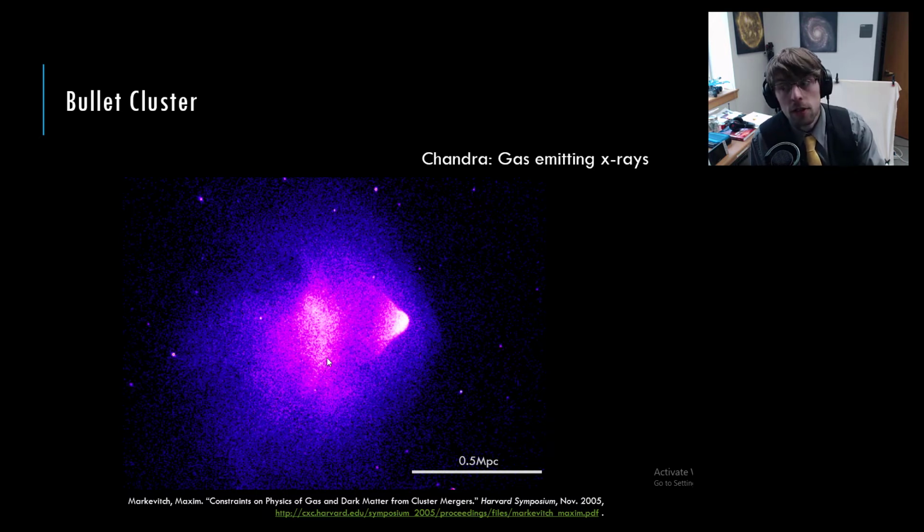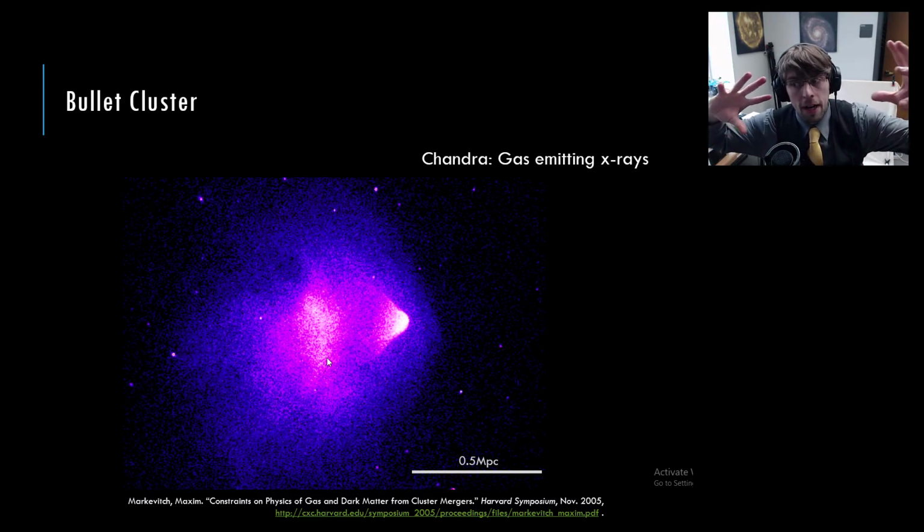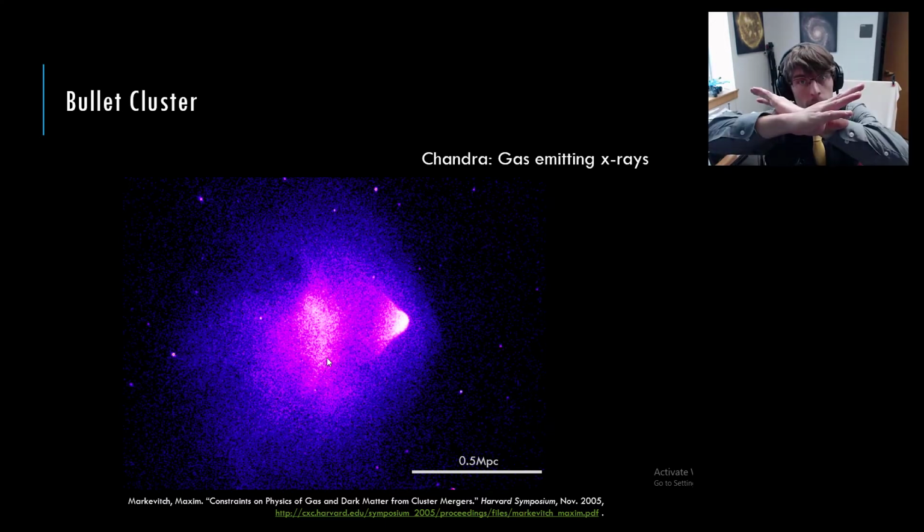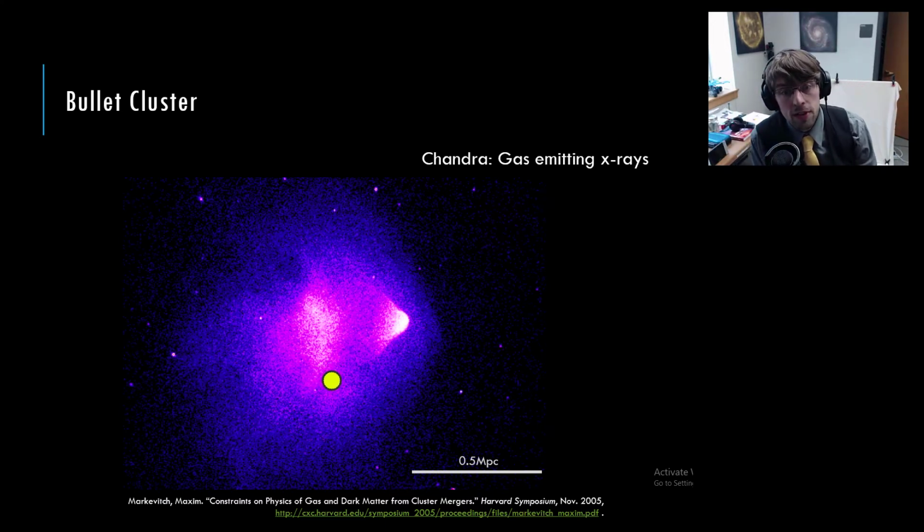What you're actually looking at is a galactic collision. You have two galaxies that are passing through each other. And the two regions that are emitting the most X-rays, right here and right here, those would correspond to the center of those two respective galaxies, the most dense regions.